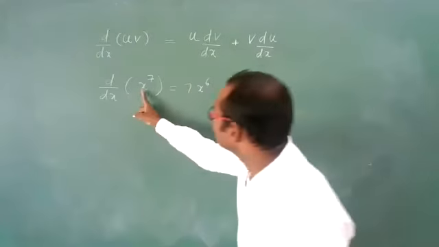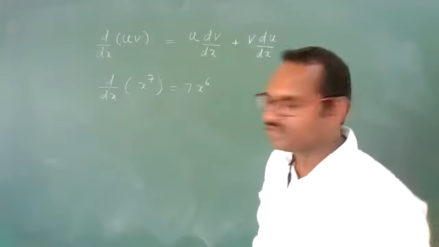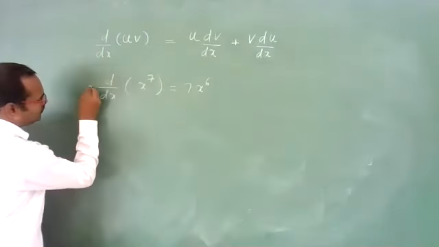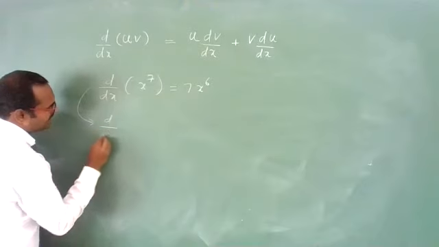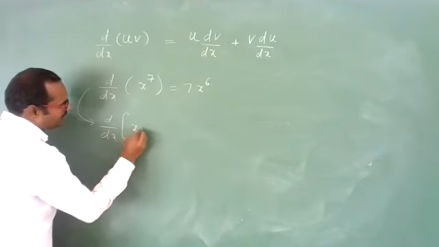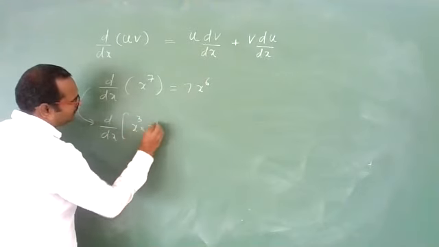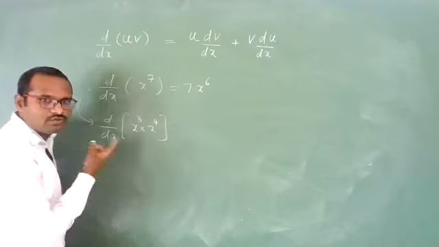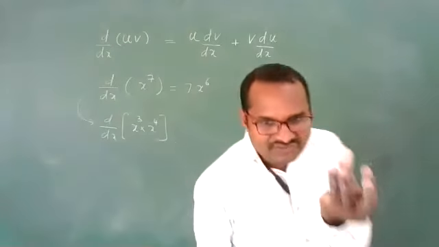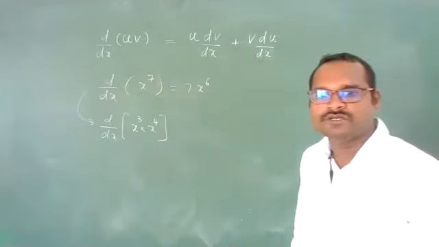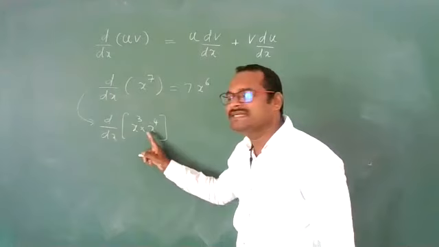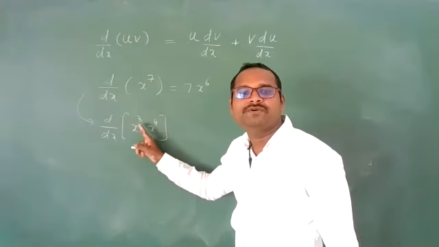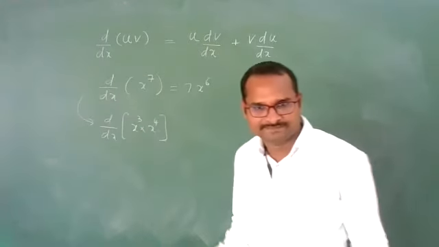Okay. Same thing we will do with this method. See, I am doing this one like this. D by dx of x power 3 into x power 4. Can we write? Now two variables. X power 3 is one variable, x power 4 is one variable. Again, because both the bases are equal, power should be added. X power 3 plus 4 is 7. Yes, perfect.